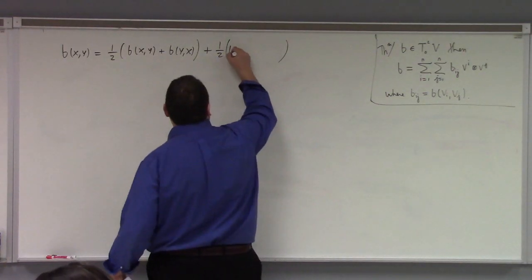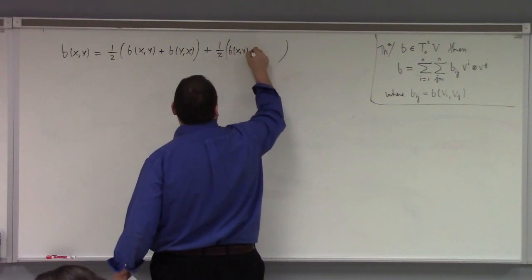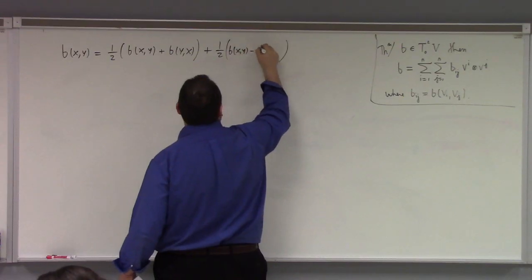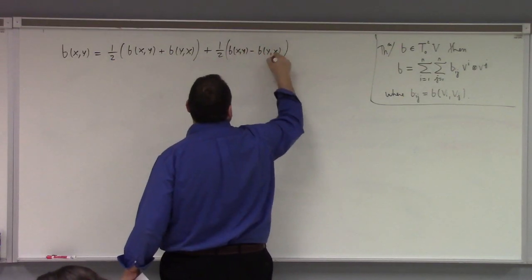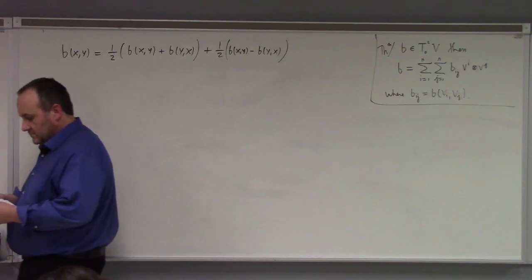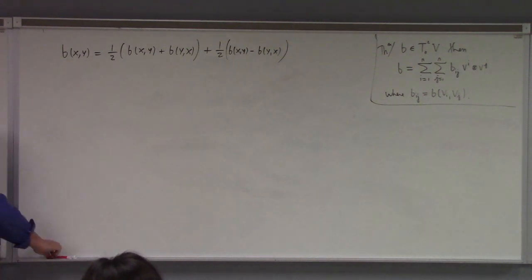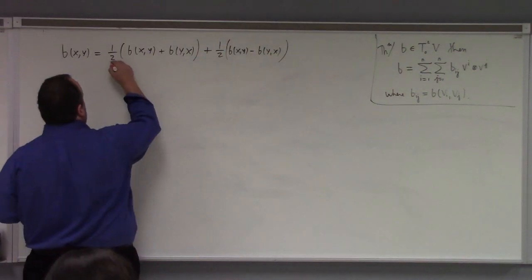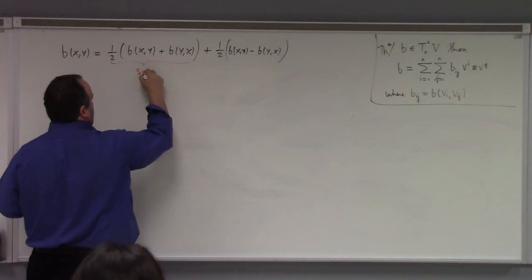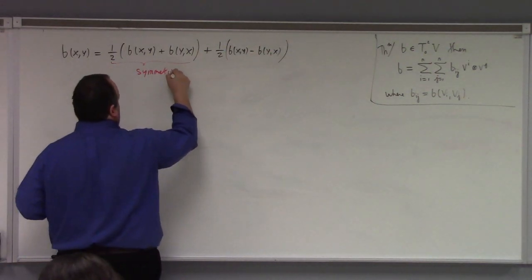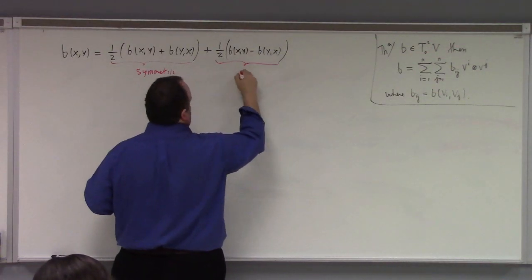The 1/2 plus 1/2 is 1, and 1/2 minus 1/2 is, of course, 0. Now what's the point of doing that? Exactly. So this piece is clearly symmetric, and this piece over here is antisymmetric.